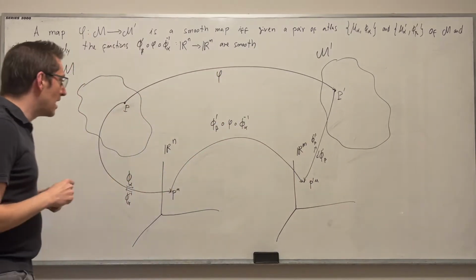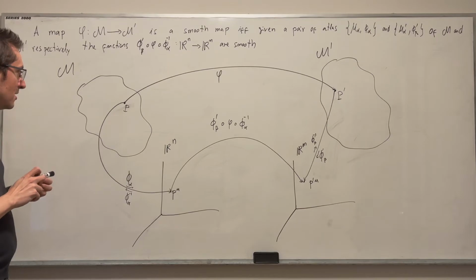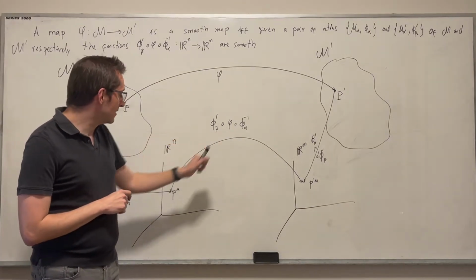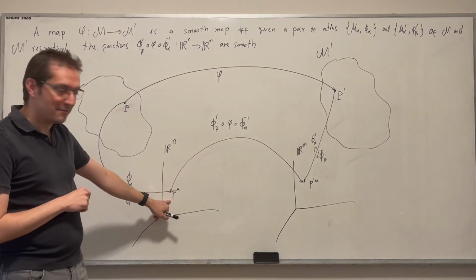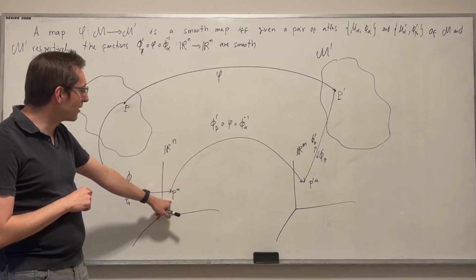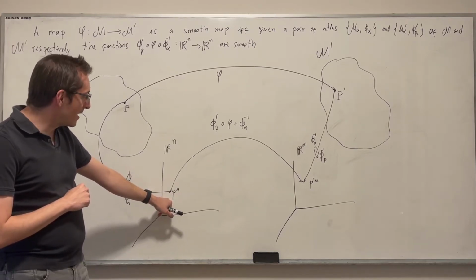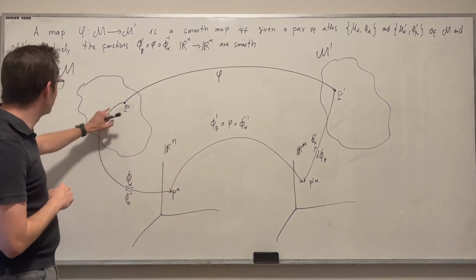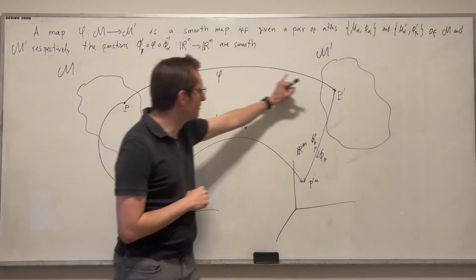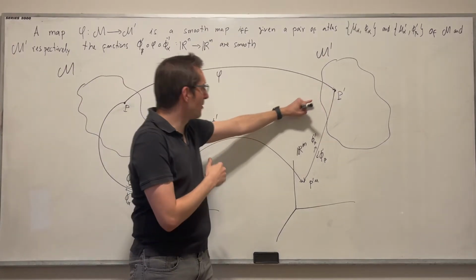Now, of course, I can do the composition that I have here. Start from R^n, start from P mu, the coordinates of the point P, and then apply alpha minus 1, then I go here, then apply phi, then I go here, and then apply phi beta prime, and then I go here.